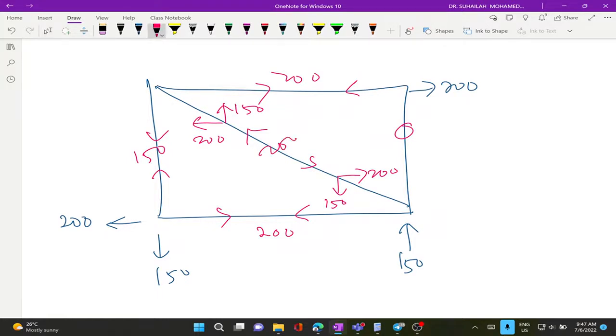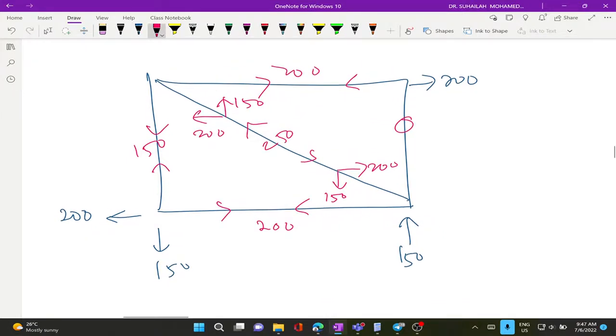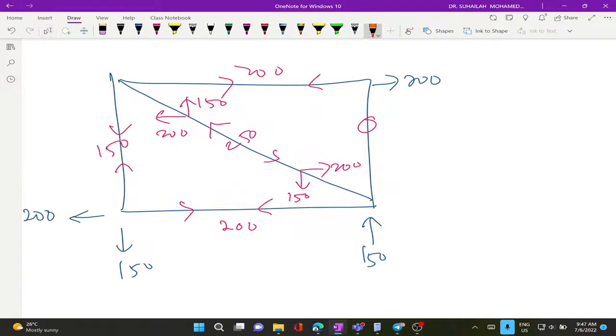This one is 250. So this is for the primary truss.